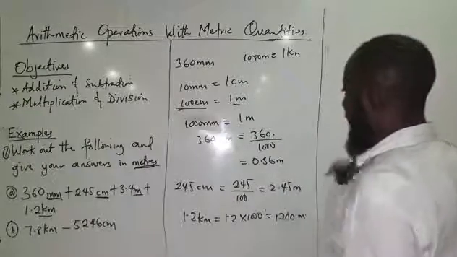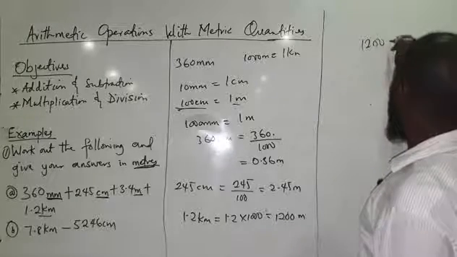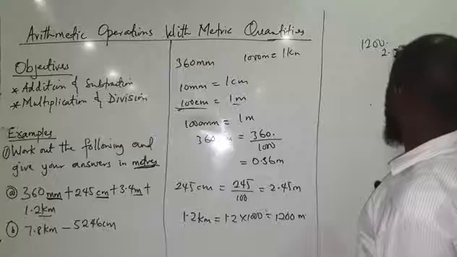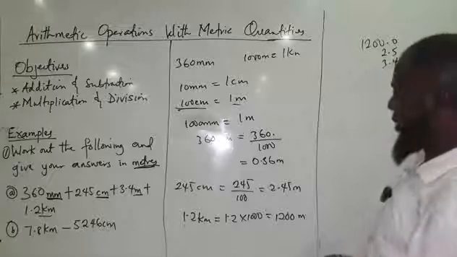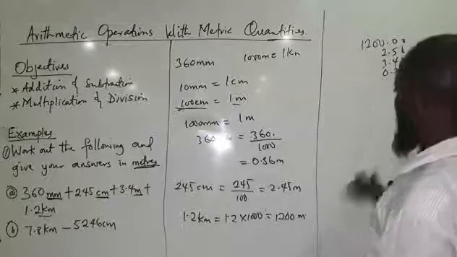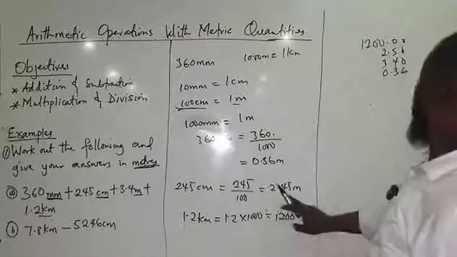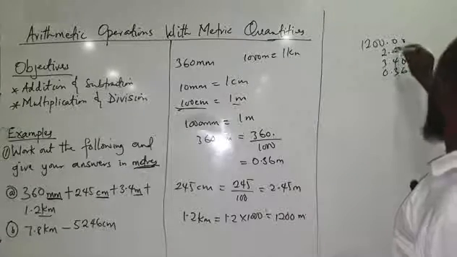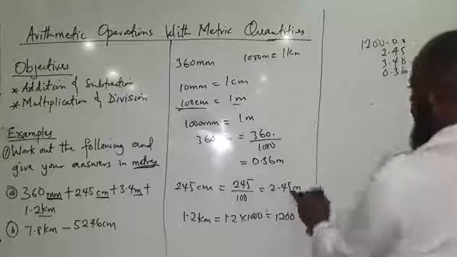So we then add everything together now: 1200 meters, 2.45 meters, 3.4 meters, and 0.36 meters.